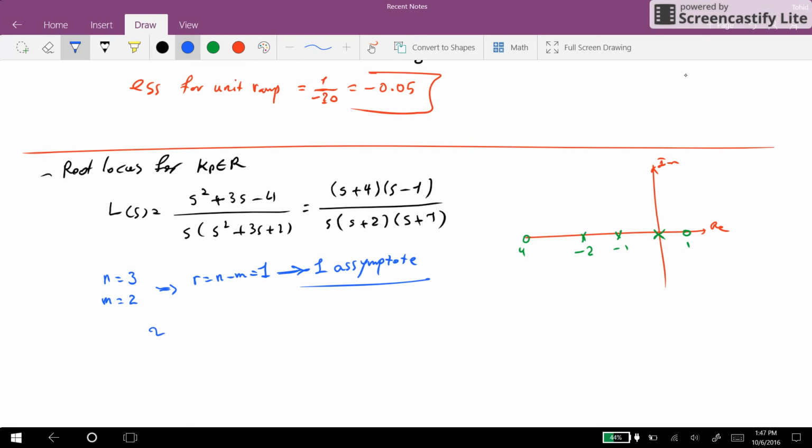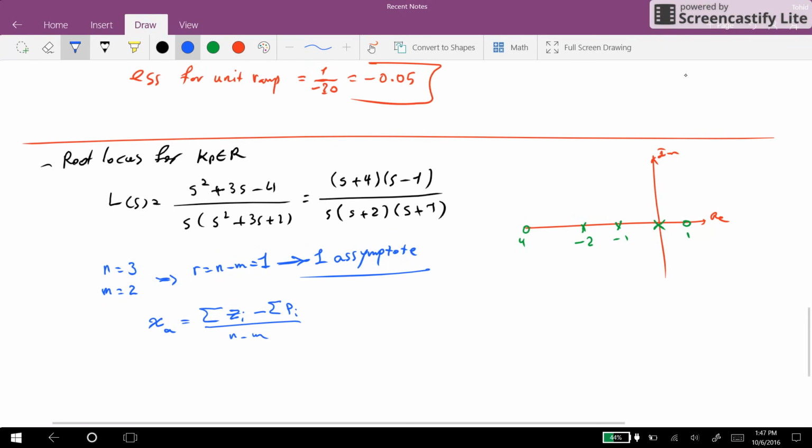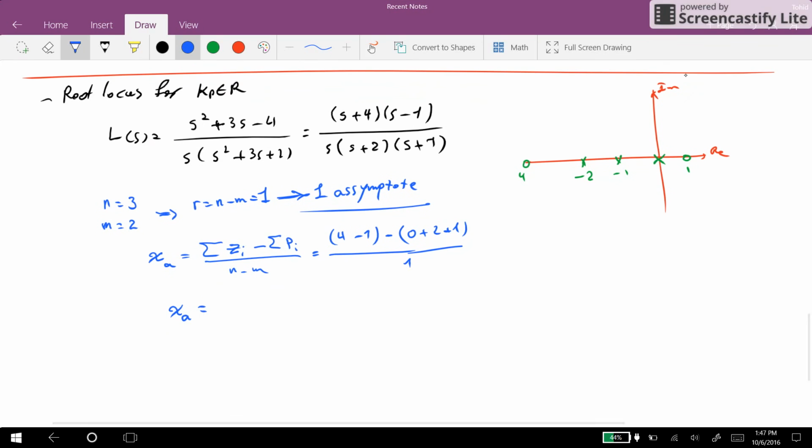For this asymptote, we can find xa, which is equal to the sum of zi's minus the sum of pi's over n minus m, which is 1 in this case. For the sum of zi's, we have 4 minus 1, minus the sum of pi's, 0 plus 2 plus 1, over 1. As a result, xa will be equal to 3 minus 3, or 0.